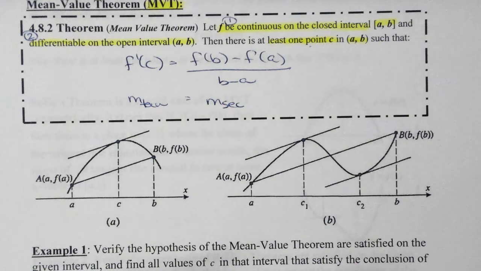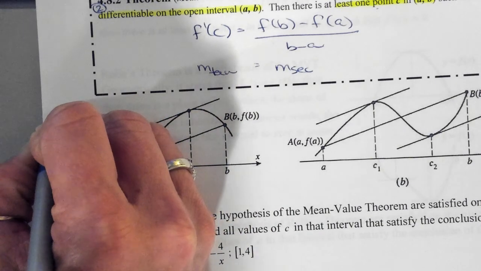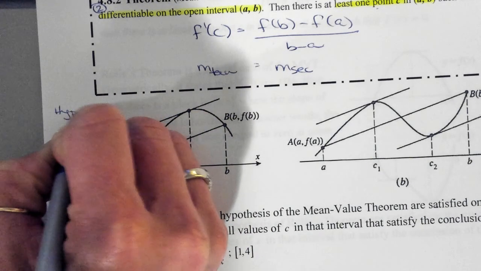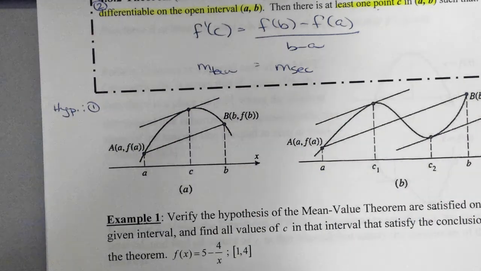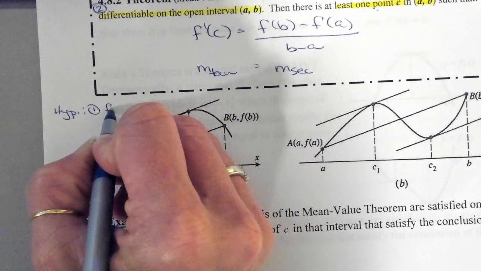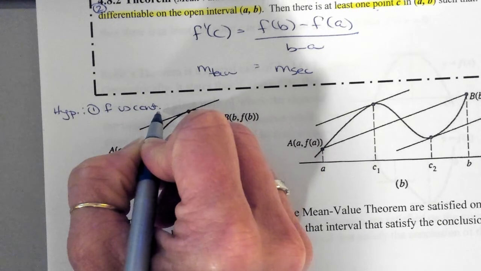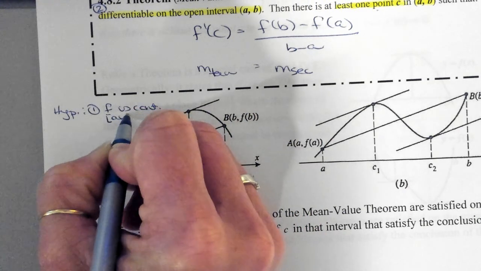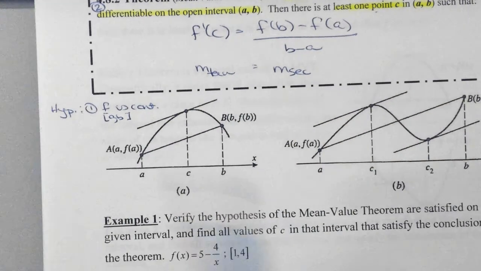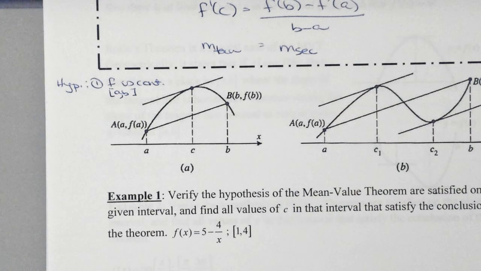So I'm going to show you two different scenarios. The first part that we need to make sure of is in our hypothesis, we need to be able to state that the first stipulation occurs, meaning that the function is continuous, and I'm just going to abbreviate because I don't have a whole lot of space here, on the closed interval from A to B. So here's my closed interval from A to B, and what I'm looking at is the graph.